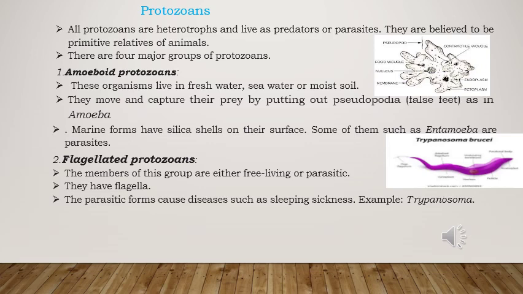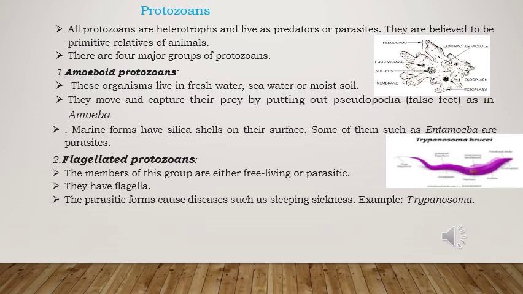For example, the amoeba moves and captures the prey by putting out pseudopodia. If they are marine in nature, they have a silica shell on their surface. This is the most important one. Some of these are parasitic in nature. For example, entamoeba, it causes disease.